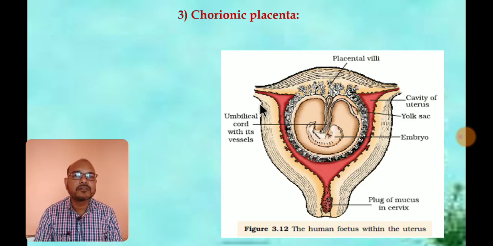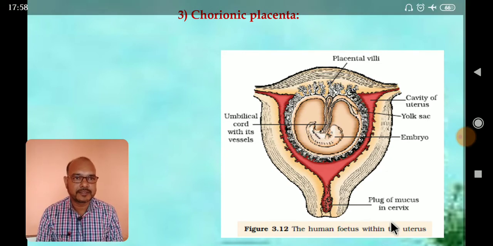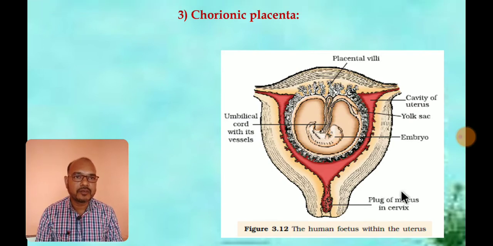The third one is the chorionic placenta, as seen mainly in the human fetus within the uterus. In the chorionic placenta, the placental villi attach to the whole endometrium wall, and the embryo attaches with the umbilical cord with its vesicles.